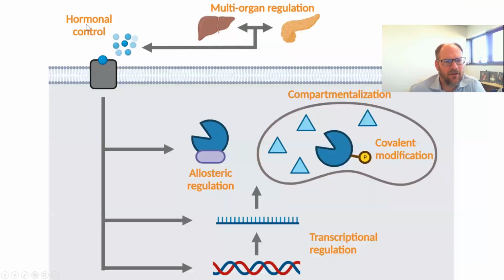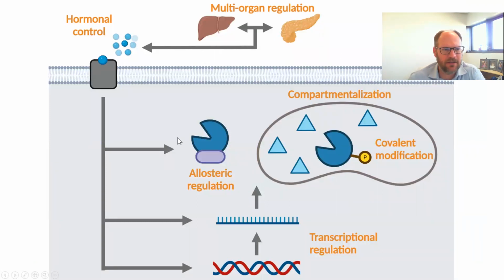So as a high-level overview, there are a lot of different layers of metabolic regulation. There are, of course, the classical mechanisms familiar from introductory biochemistry, including allosteric regulation and covalent regulation of enzymes. There's transcriptional-level control that affects the level of each of the various enzymes.